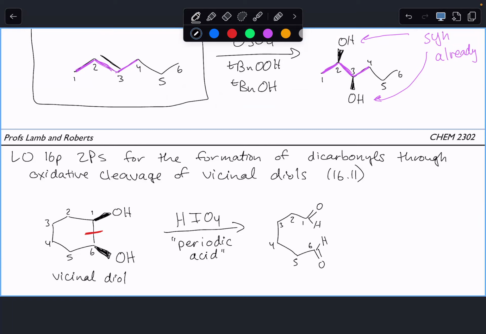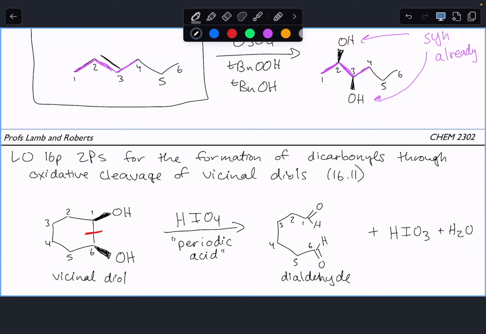So we oxidize up without losing or gaining any carbons. That's the key. Don't lose or gain any carbons. You just cut it in the middle and you get, in this case, a dialdehyde. And in case you're curious, the inorganic byproducts that we mostly don't worry about are HIO3 and water. We can get those out with an extraction, but that is the balance of the reaction.